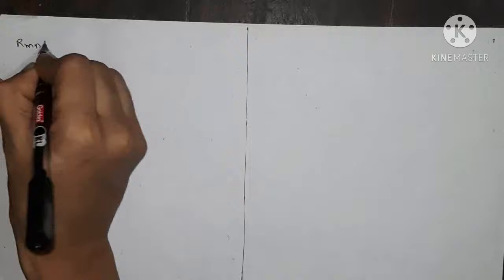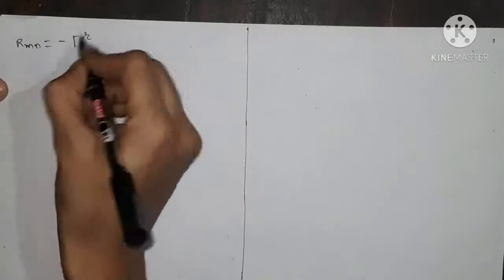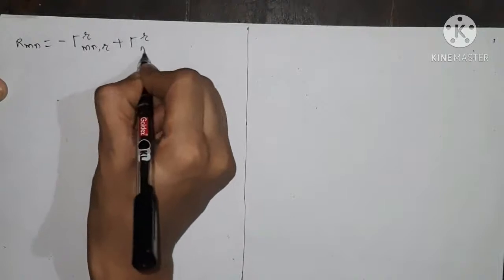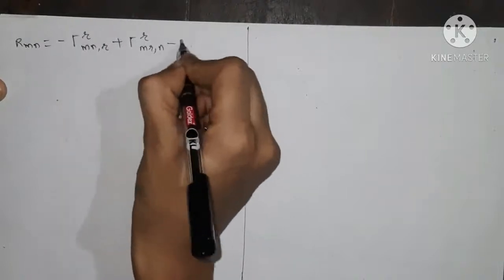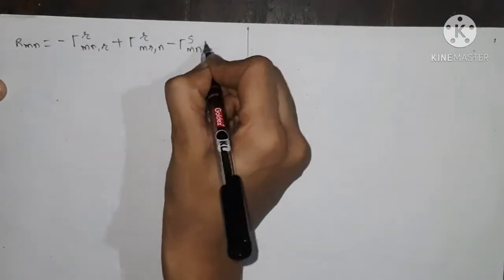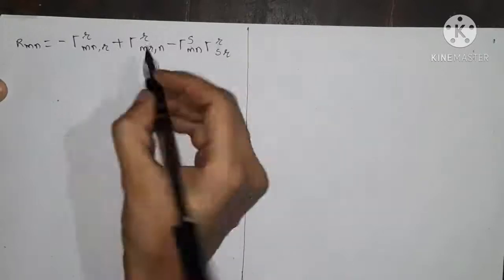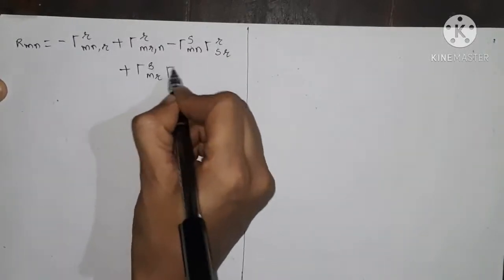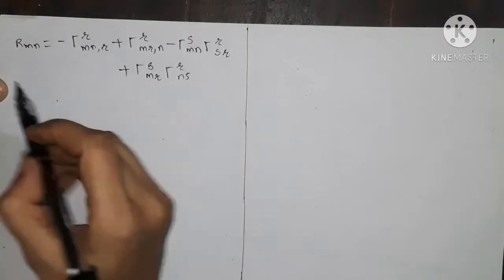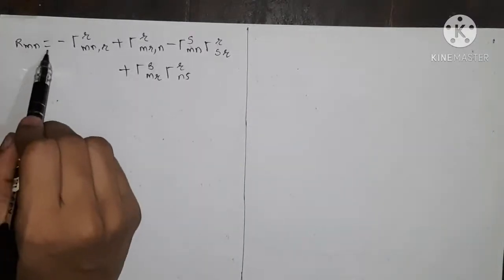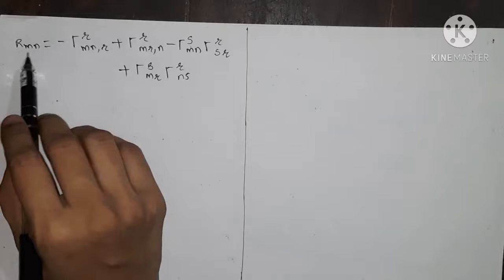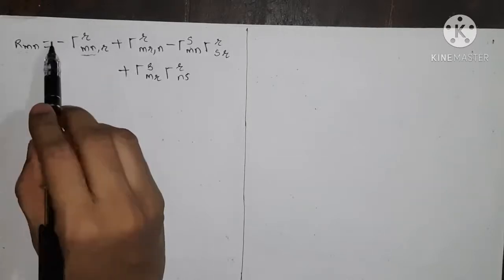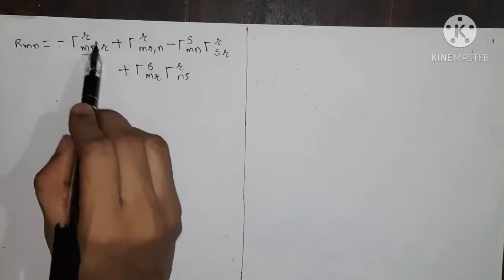Rmn equals minus gamma of r mn comma r plus gamma of r mr comma n minus gamma of s mn gamma of r sr plus gamma of s mr gamma of r ns. So in the expression for Rmn, we have the minus sign with mn and the dummy suffix r.